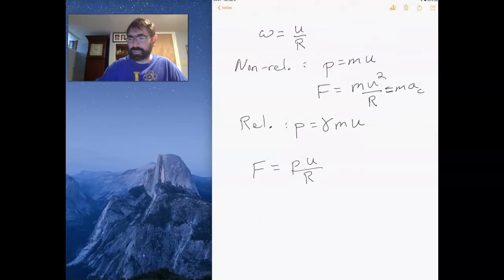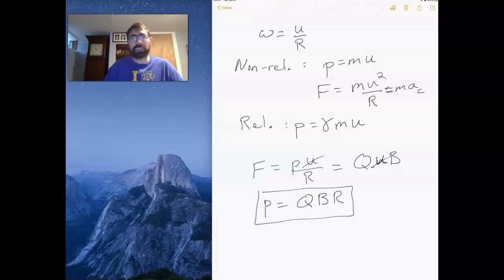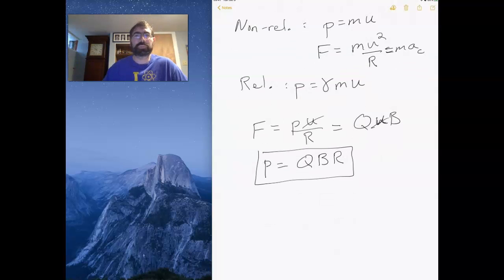And so in the end, I could set this equal to quB, and the u's cancel, and so the momentum is equal to q times B times r. This equation is valid both relativistically and non-relativistically, because we haven't said anything about q, B, or r in terms of their conversions in special relativity. So this equation works whether you choose to measure your momentum relativistically or non-relativistically.